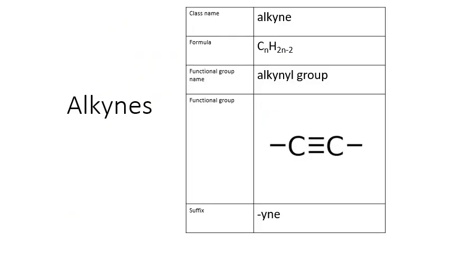The next homologous series is now the alkynes. The class name is the alkynes. The formula is now CnH2n-2, and the functional group is the alkynyl group. Now instead of a double bond, we've got a triple bond, and the suffix is now -yne, Y-N-E.